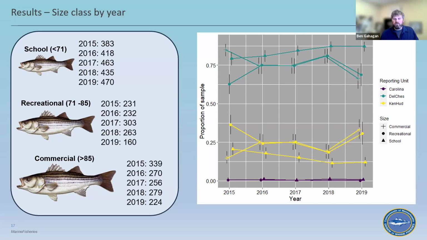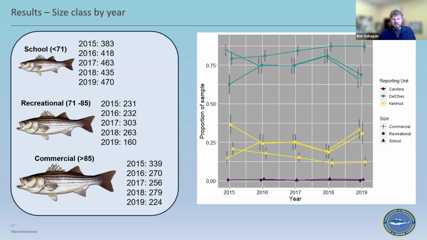So overall, the pattern of that school size composition does most closely resemble the pattern of the overall sample, and displays a steady rise through this whole time period of sampling, while commercial and recreational compositions showed greater interannual variation, while also being very similar to each other. The commercial and recreational fish were very similar to each other from 2016 through 2019.